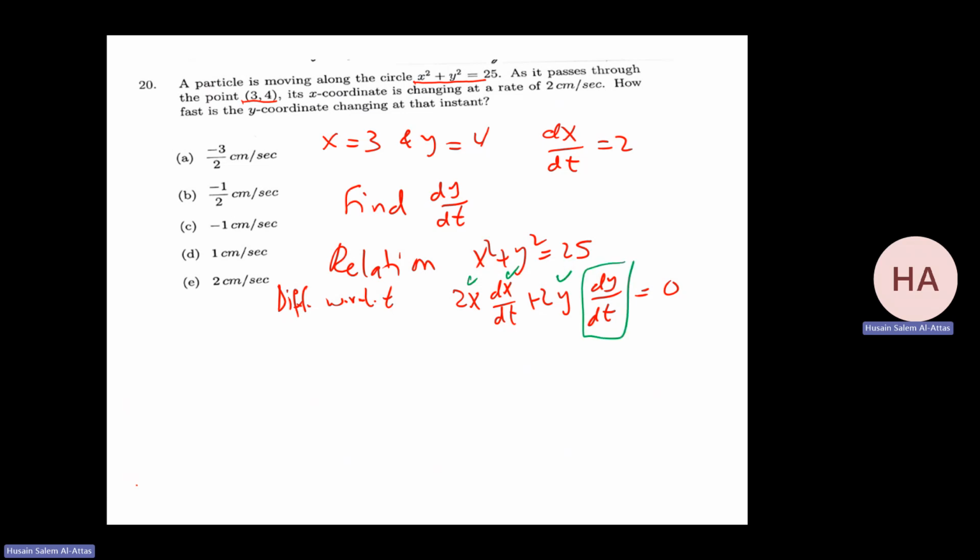So substitute. I have 6 times 2 plus 8 dy by dt equal to 0. So that means dy by dt will be minus 12 over 8, which is minus 3 over 2. So that will be the answer.